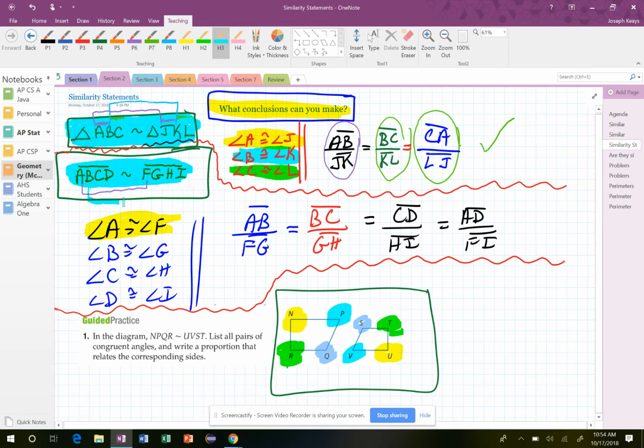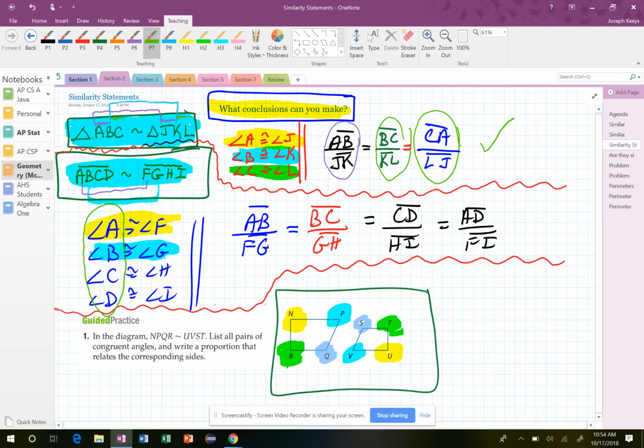The next one is B and G, so angle B and angle G are congruent. And the same for C and H and D and I. All those pairs of angles are congruent. We are not saying that A, B, C, D are equal. No, it's the matching, corresponding angles that are congruent.